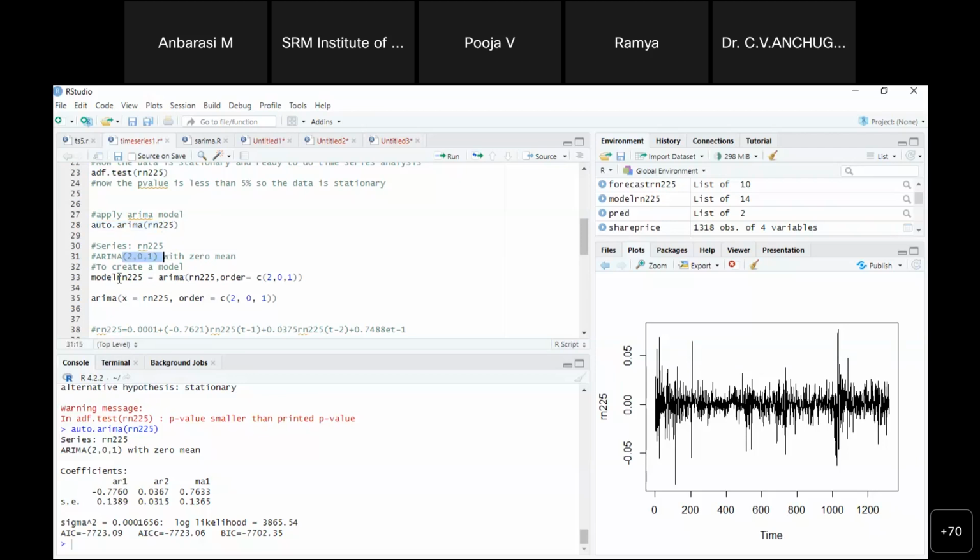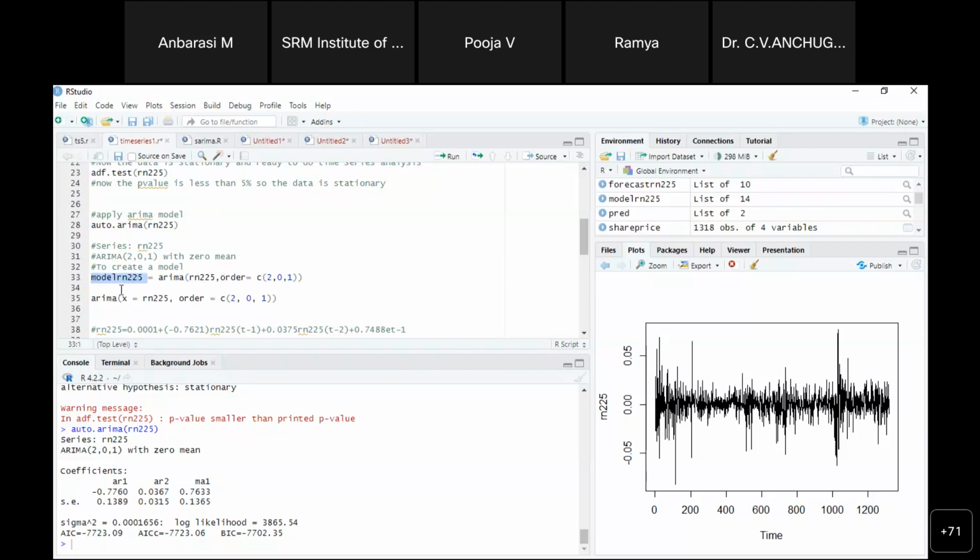After that, the same parameters, whatever arguments we got using the auto.arima function, we are going to apply in the ARIMA model. So this is a data set, comma, the vector format, comma, order equal to c(2, 0, 1). I'm going to create one model.